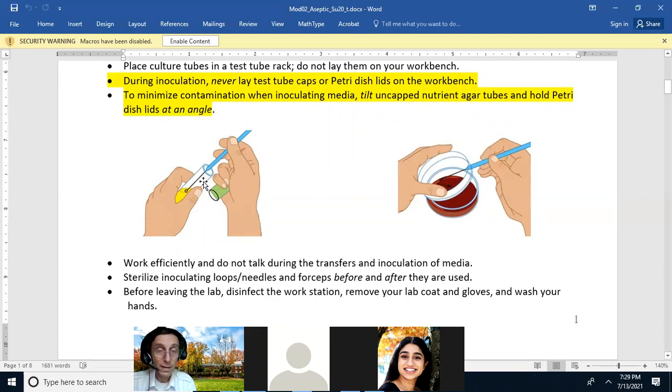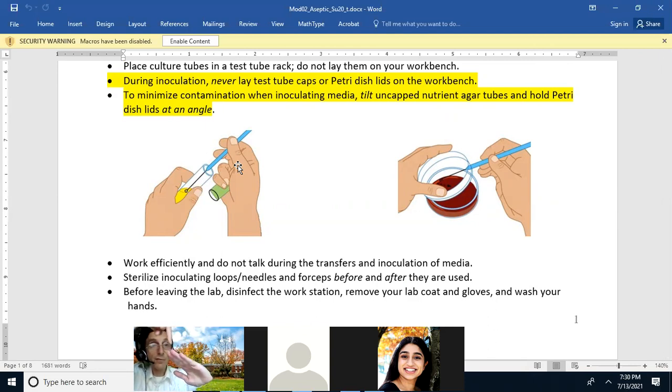And with the test tube, when you're not using it, obviously put the cap on, but when you're using it, you hold on to the cap in one hand, and then you tilt the tube so that if something falls down from the air, it's less likely to go into the tube.